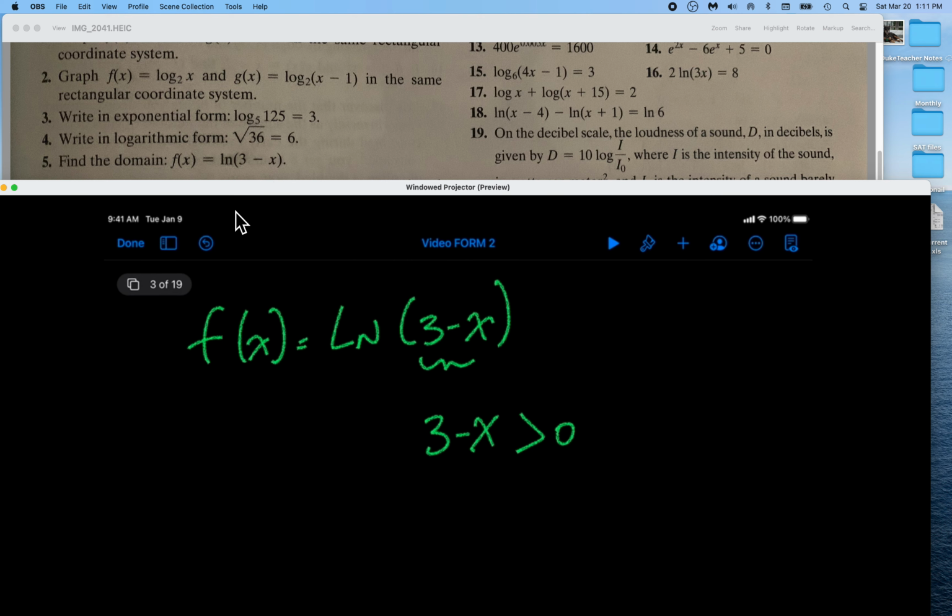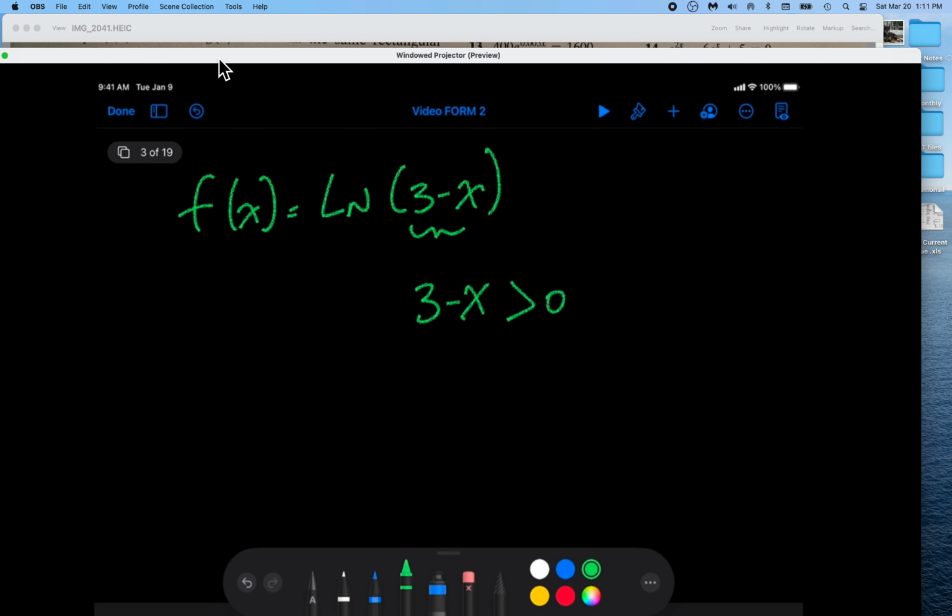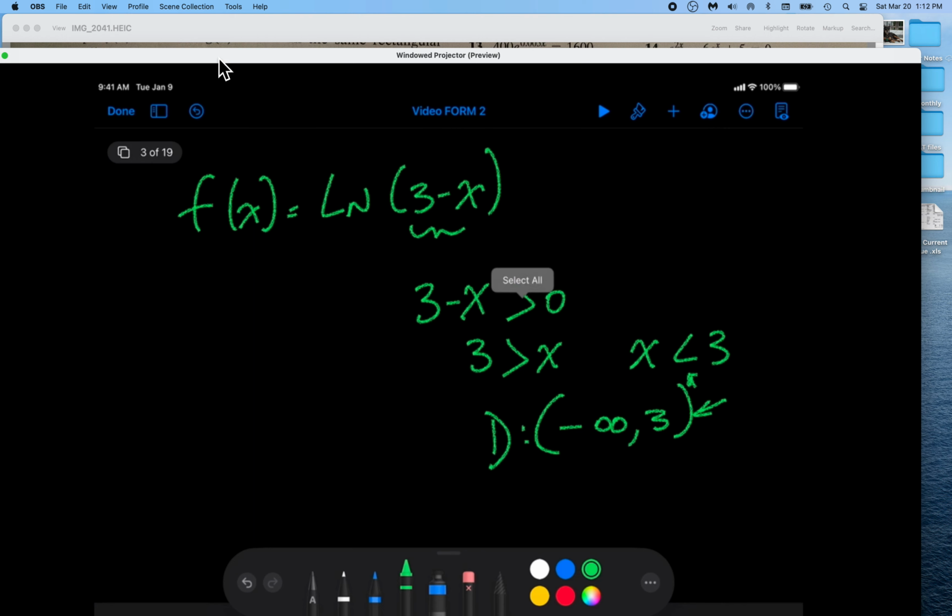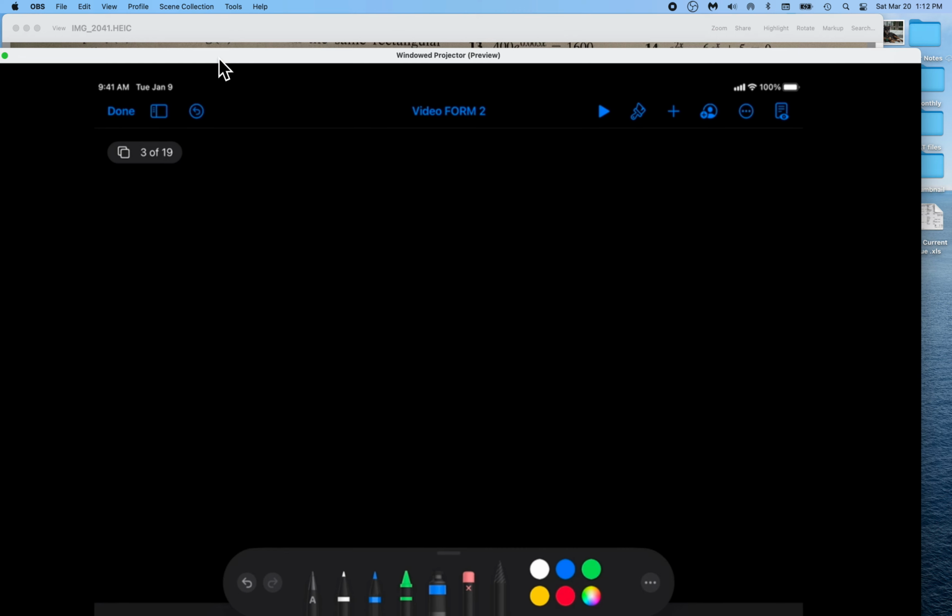And when you do that, you get 3 minus x is greater than 0, 3 is greater than x, or another way to say that is x has to be less than 3. So the domain is going to be negative infinity to 3, and we're going to use a curved bracket here because there is no equal sign in that inequality. This is your domain. Next one.